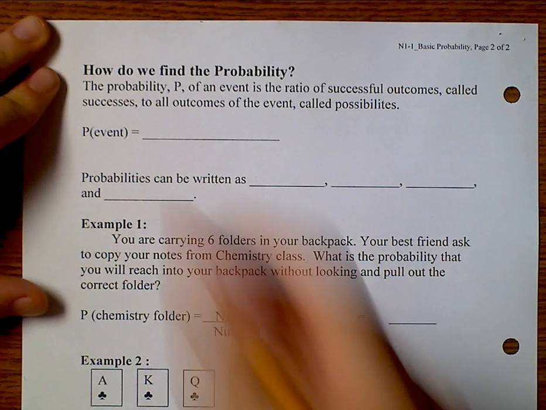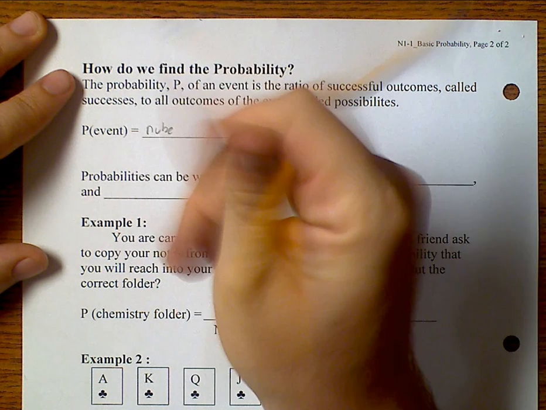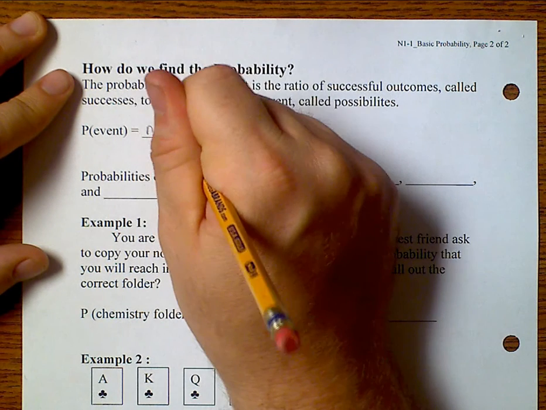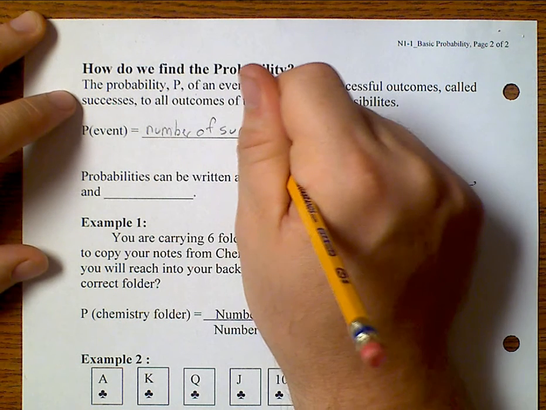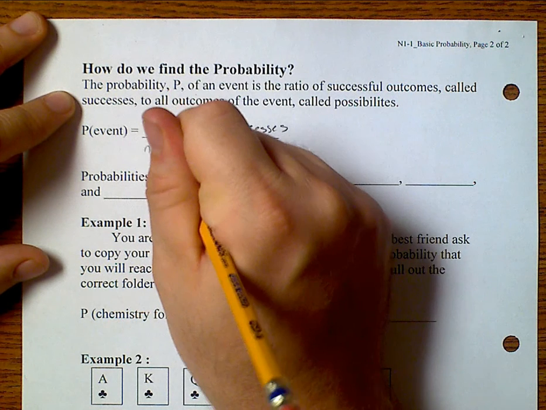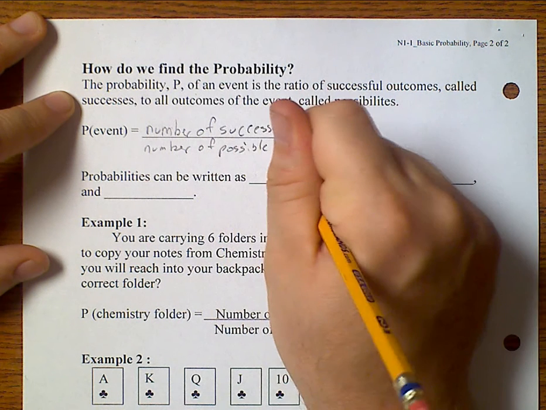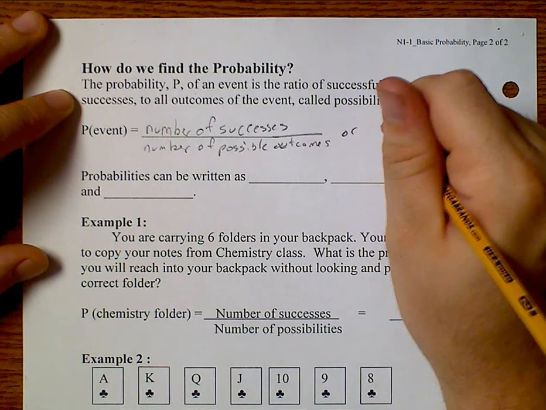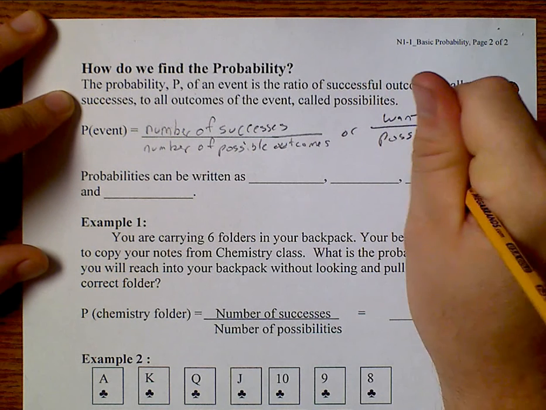So the probability of an event is the number of successes over the number of possible outcomes, or what you want over what is possible.